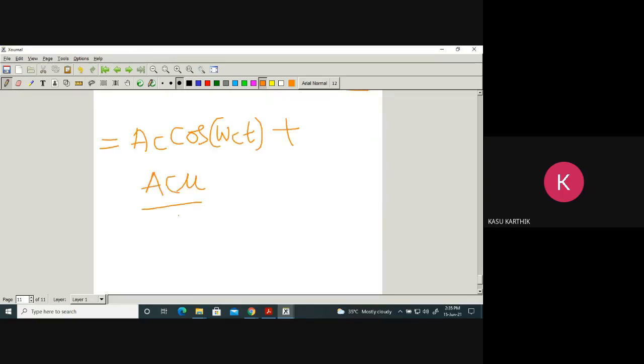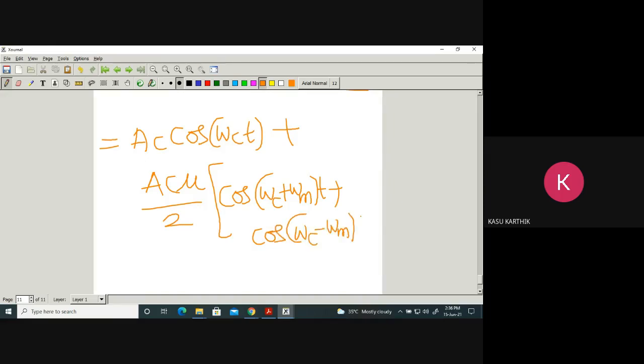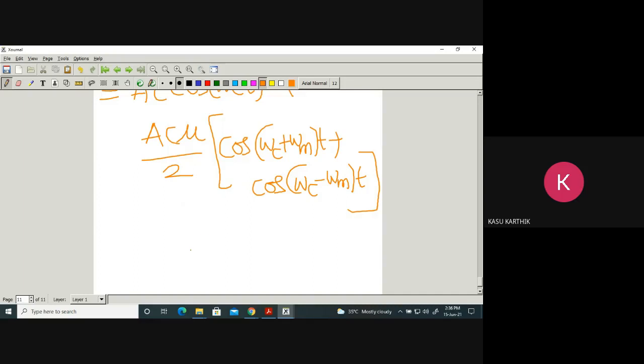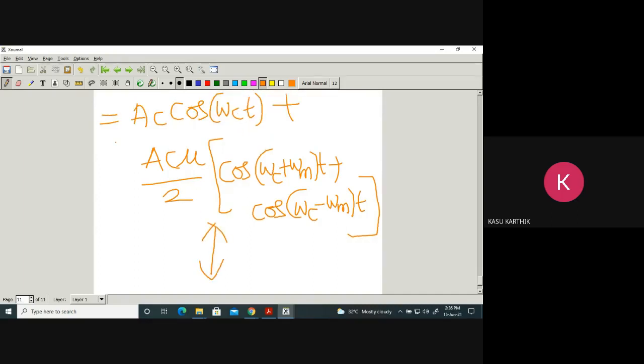Ac μ/2 into [cos((ωc + ωm) t) + cos((ωc − ωm) t)]. Is it okay? Now to this you will take the Fourier transform. All are constants, which means you get all impulses.